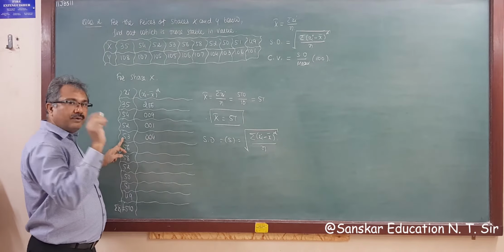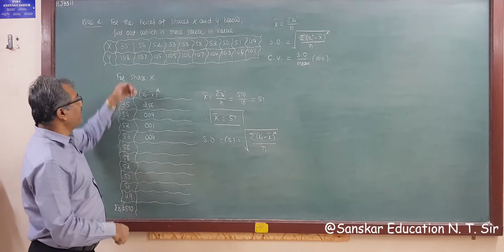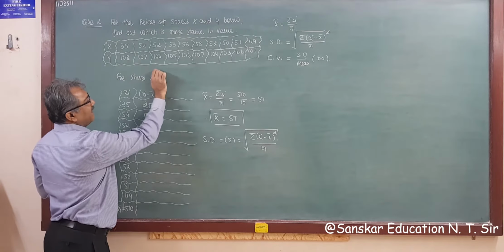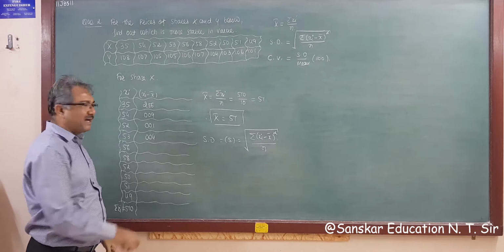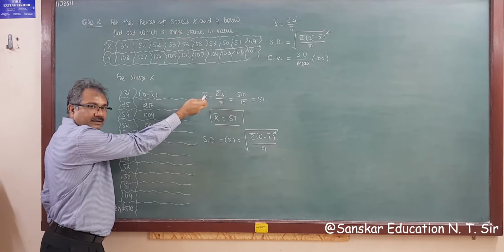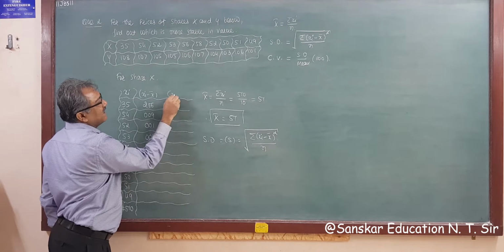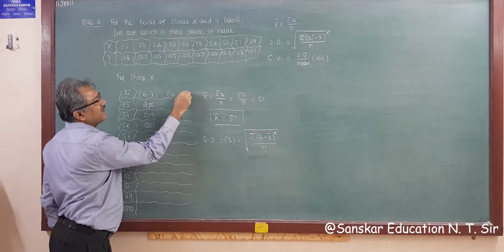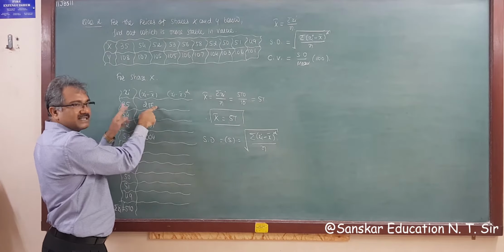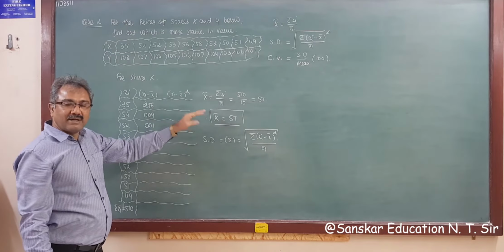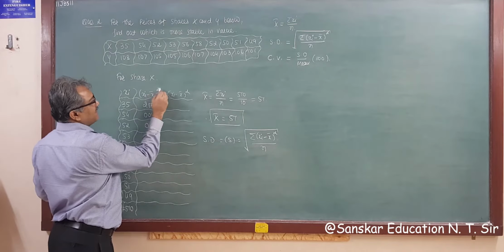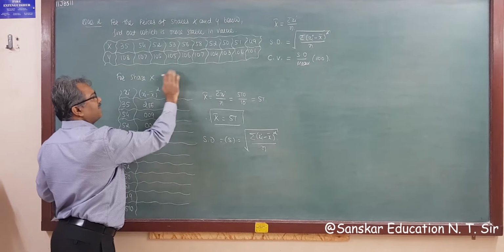If you are not able to square directly, then make one extra column. First find out xi minus x bar, and then make another column for the square of this, xi minus x bar whole square. So first the difference and then square them. This is a shortcut method.